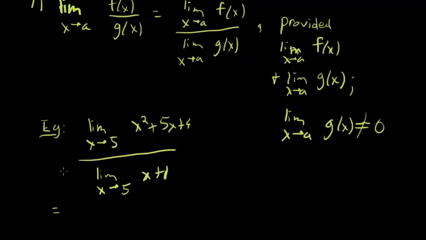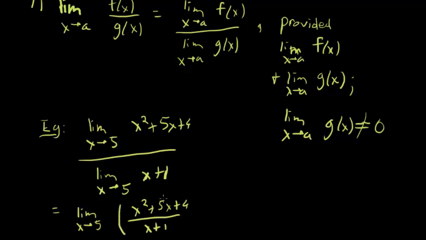So the limit as x tends to 5 of x squared plus 5x plus 4 divided by the limit as x tends to 5 of x plus 1, that can be combined into the limit as x tends to 5 of x squared plus 5x plus 4 over x plus 1.